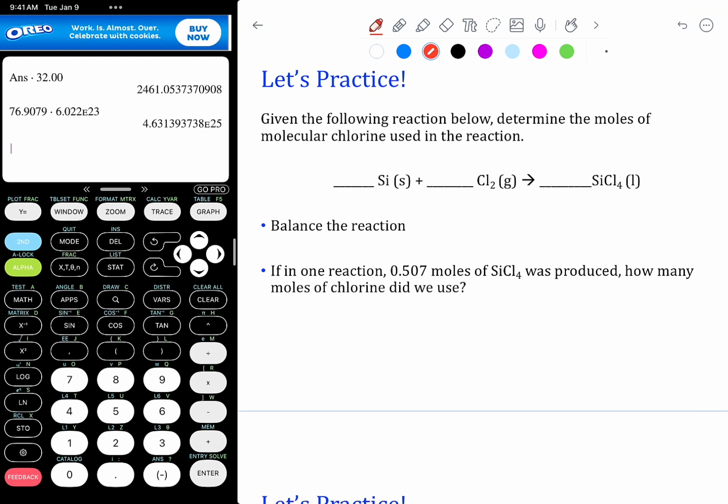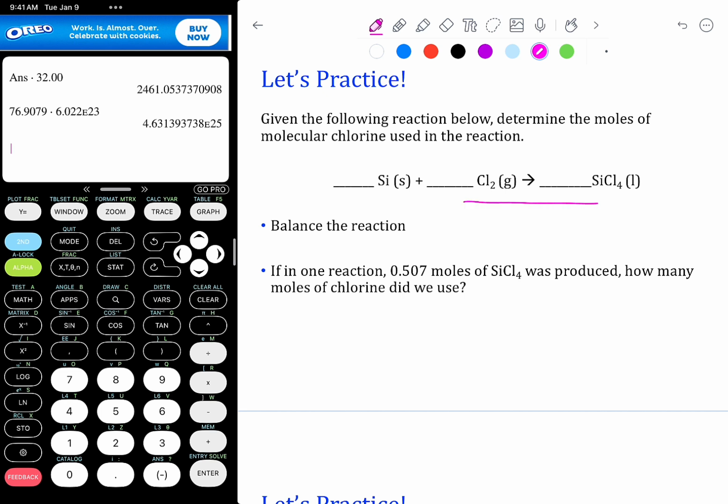So, given the following reaction below, determine the moles of molecular chlorine used in the reaction. So the first thing we have to do is balance the reaction. And then, if in one reaction 0.507 moles of SiCl4 was produced, how many moles of chlorine did we use? Okay, so let's balance this equation first.